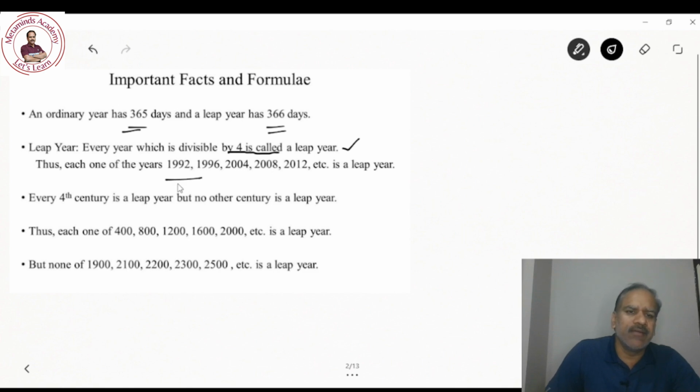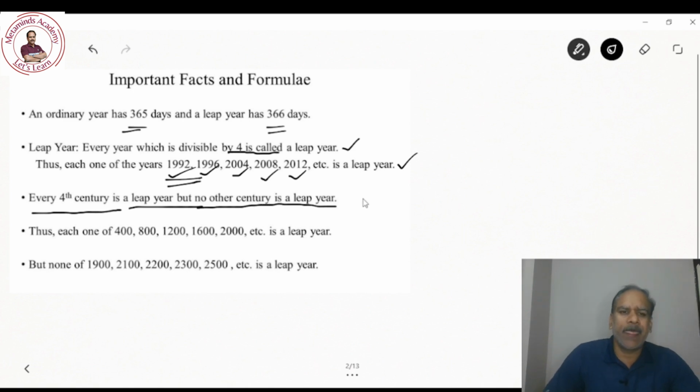Remember, for example, 1992 is a leap year. 1996, 2004, 2008, 2012. All these are leap years because they are all divisible by 4. But a very important point here is that every 4th century is a leap year, but no other century is a leap year. Means what? The 400th year.